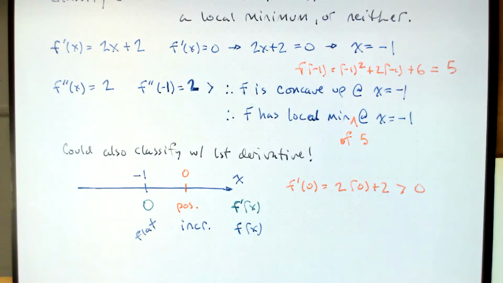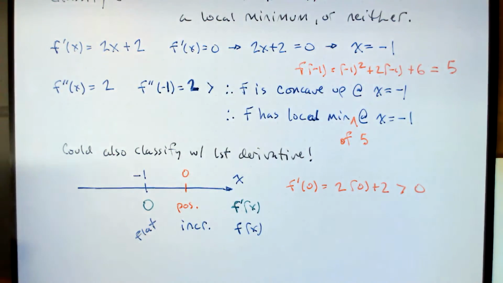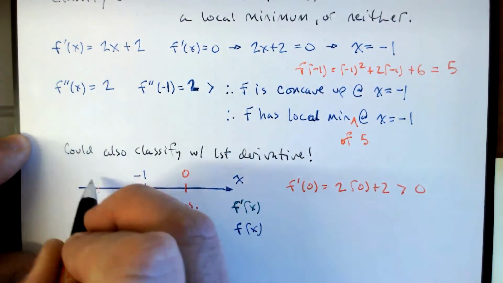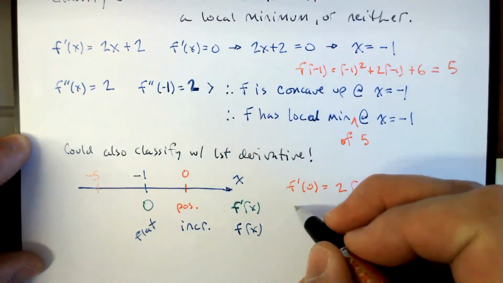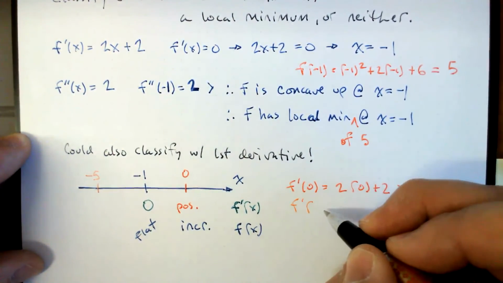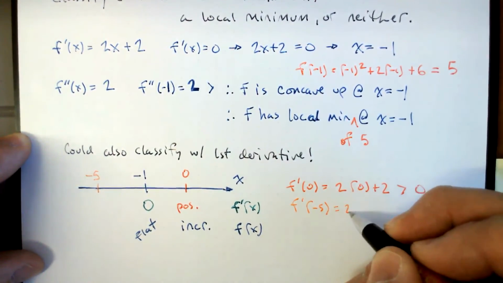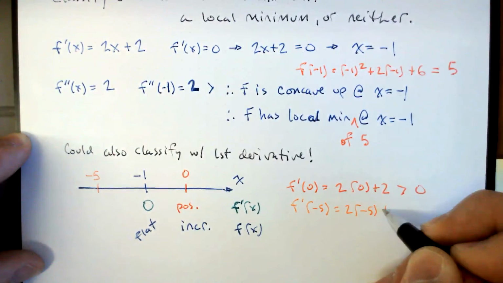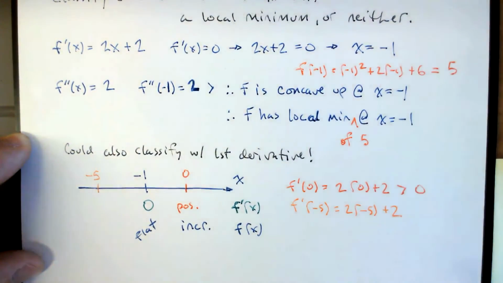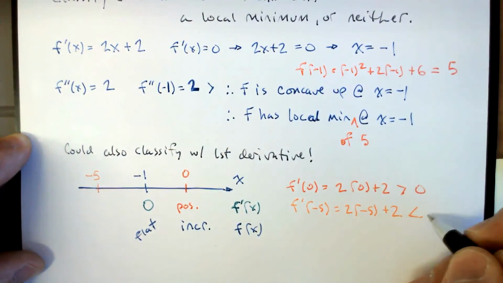Now I'm going to pick a value on the other side of -1, like -5, and check the first derivative. Here we get negative something.